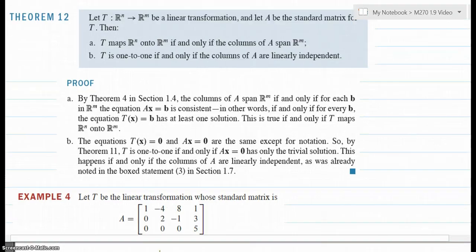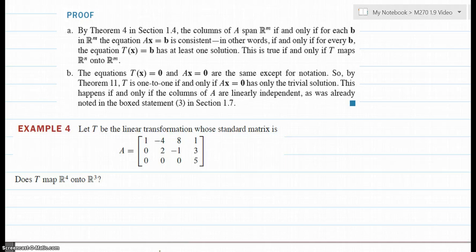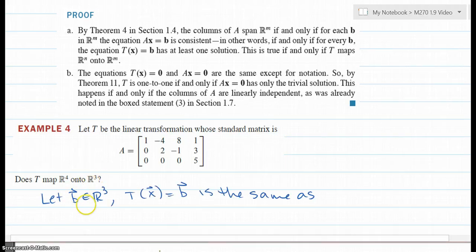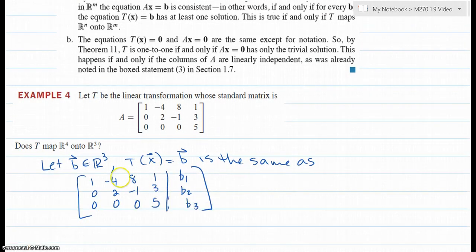Let's look back at example 4, and see if we can figure out if T is onto. To see if it's onto, I want to check whether the columns of A span Rm. So if you remember how we did that, we looked at B in the codomain, and let's look at T of x equals B, and it's the same as what matrix? The A here with a B1, B2, B3. And again, here's a pivot, here's a pivot, here's a pivot.